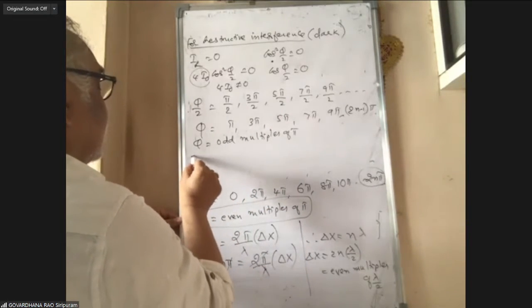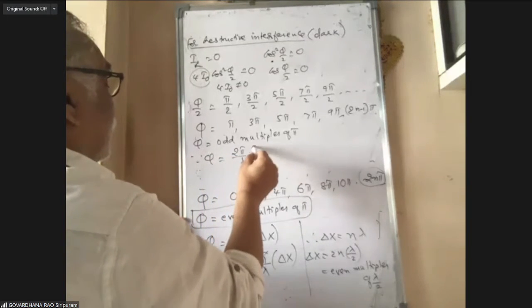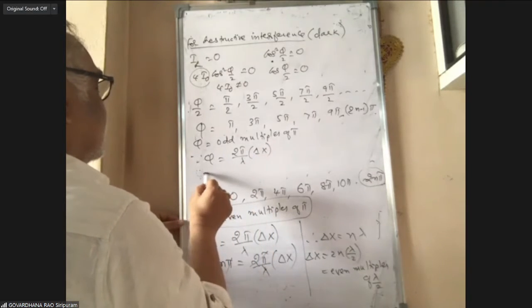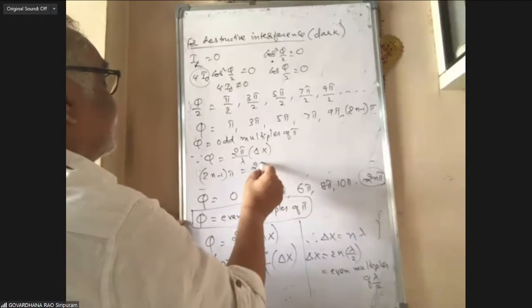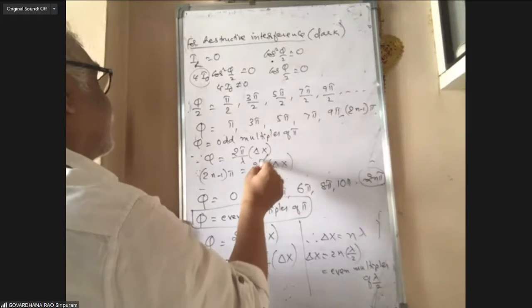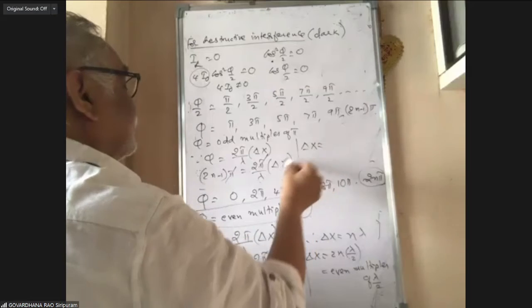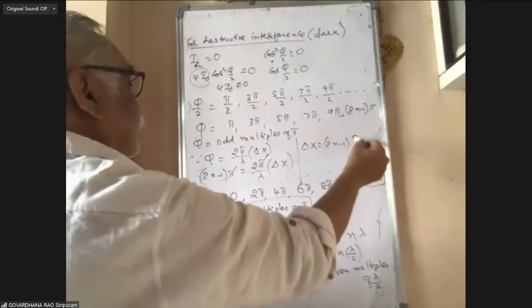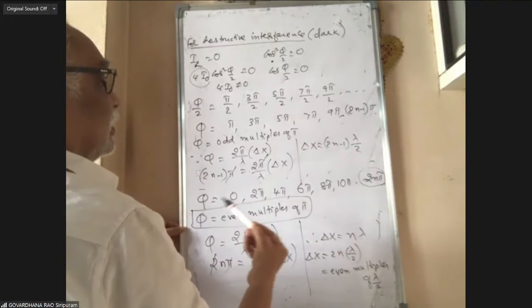Since you know phi equals 2 pi by lambda into delta x, and this is 2n minus 1 into pi, so delta x is 2n minus 1 into lambda by 2.